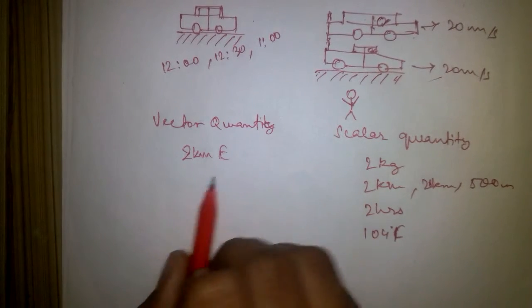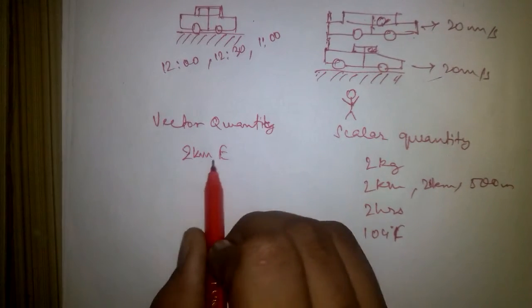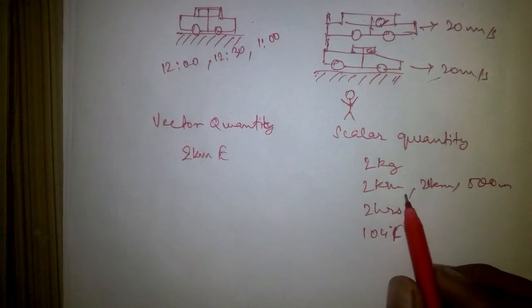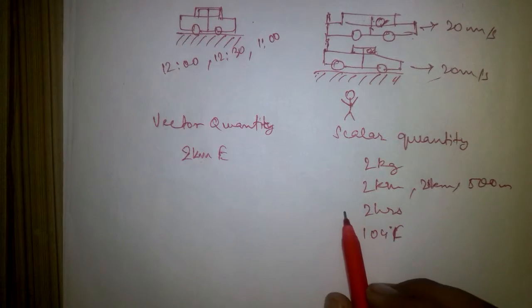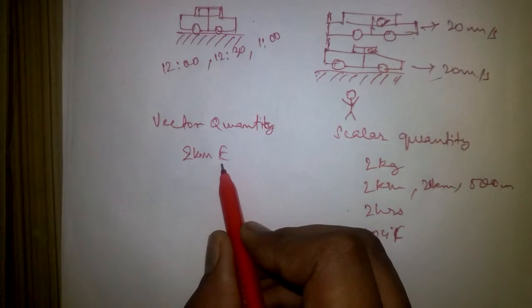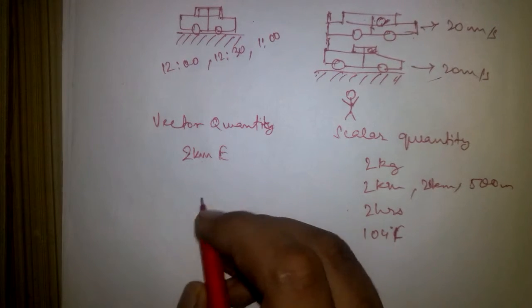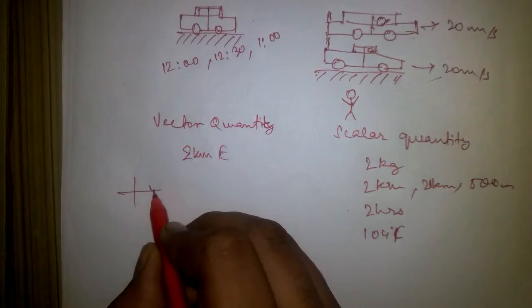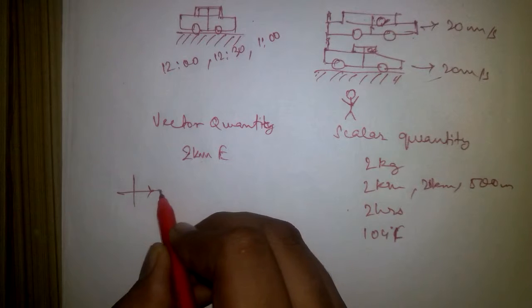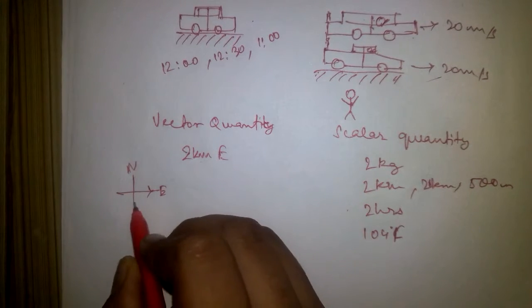Now the first thing to notice is that I have written 2 kilometers here and also 2 kilometers here, both in scalar and vector quantity. But why have I put a direction here? Suppose an object is moving 2 kilometers in the eastwards direction.